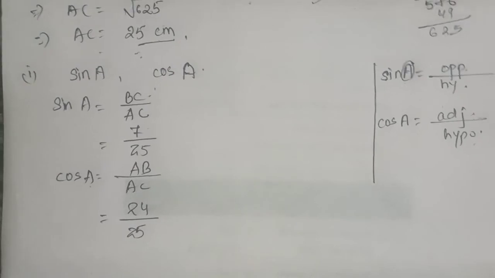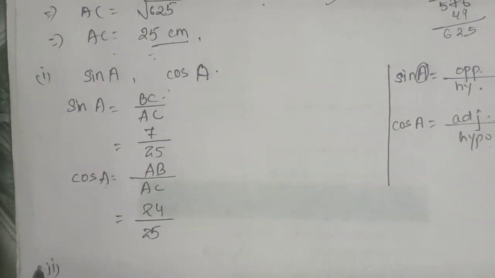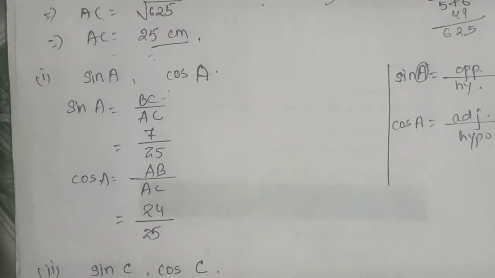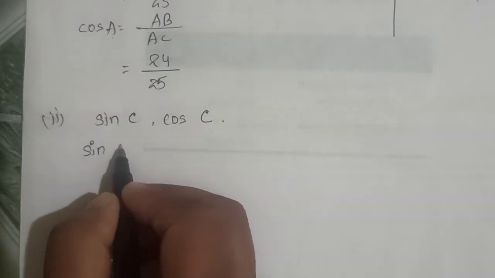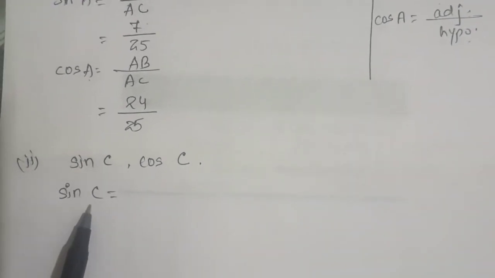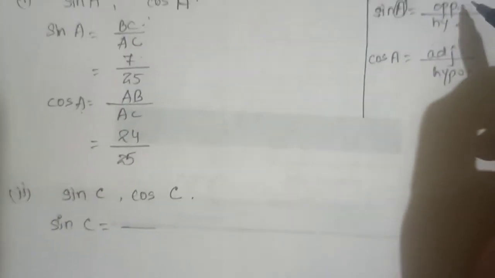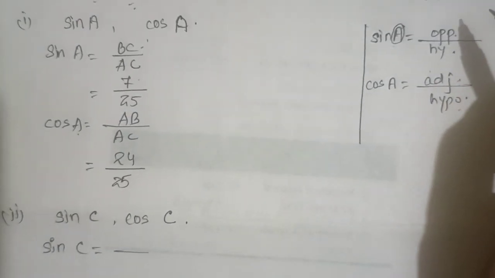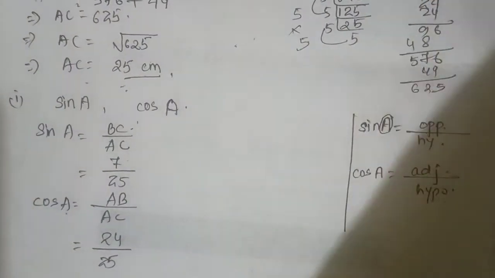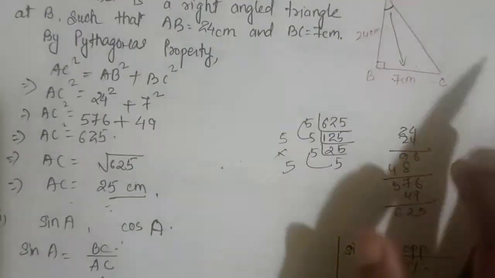So let us find Roman number 2. In Roman number 2 we have to find sin C and cos C. So sin C. The formula is the same, opposite by hypotenuse, but we have to look from angle C. So let us check what our opposite side is.